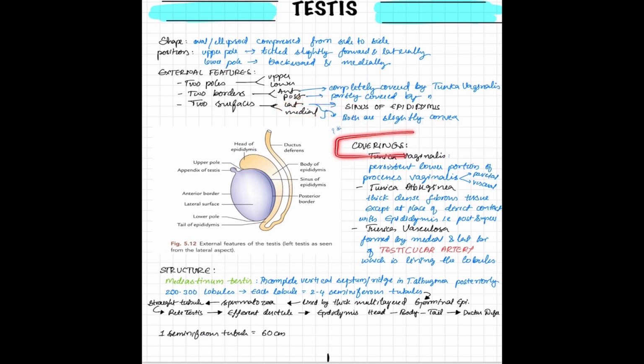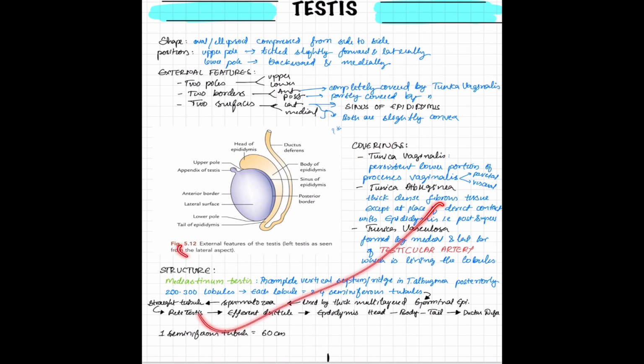Now let us go to the coverings. What are all the coverings on the testis? First is tunica vaginalis. Second, we'll be studying the tunica albuginea, and next, the innermost, the tunica vasculosa. Now let us focus on tunica vaginalis.